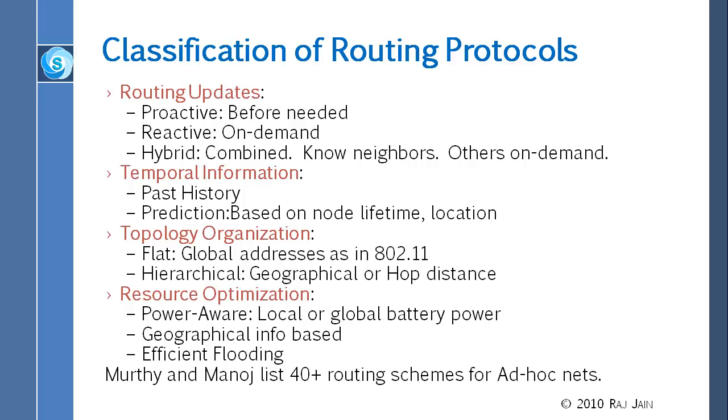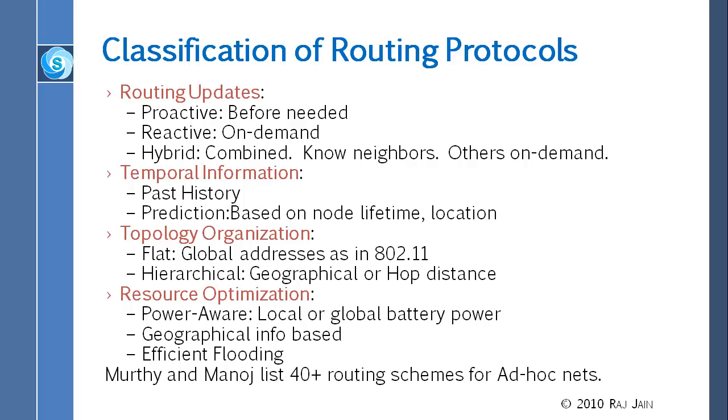And efficient flooding. So many times, as we will say in the next few slides, one of the applications of ad hoc wireless is in disaster situations, where we generally need to have multicast and broadcast. So these broadcasts have to be very efficient. How do we do efficient broadcast?